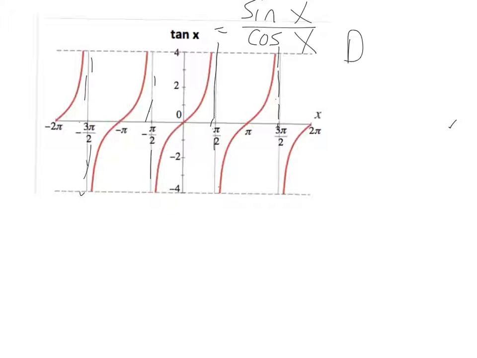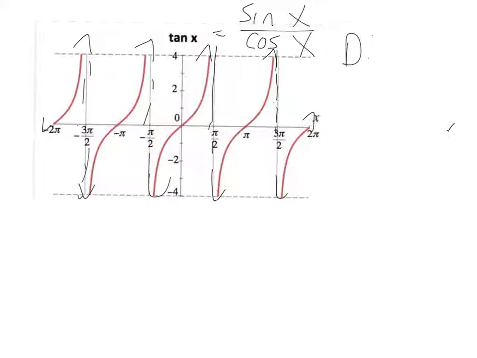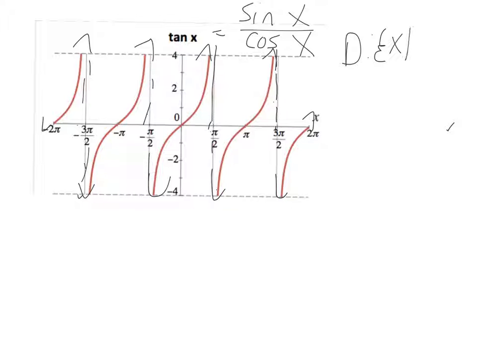Now the domain: notice each branch of the tangent function keeps going on for infinity in both the positive and negative y directions, but not in the x directions, because we have the asymptotes where the cosine would be 0. So since cosine cannot be 0, it'd be the same domain as the secant function: the set of all x values such that x cannot be k pi over 2, with k being odd.